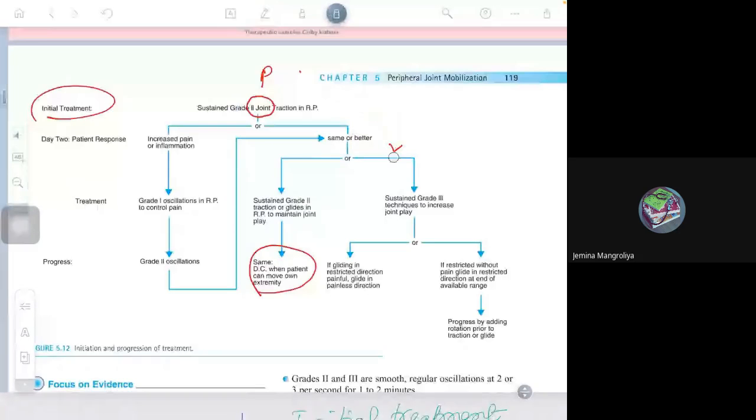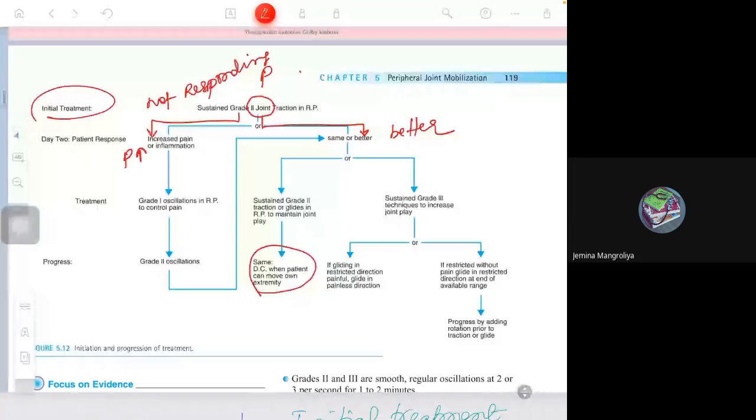The pain is better, reduced, which means the joint is responding to your treatment. That is why the pain is better. Previously, the joint was not responding to your treatment. That is why the pain was increased.